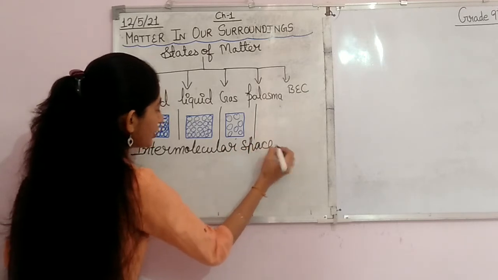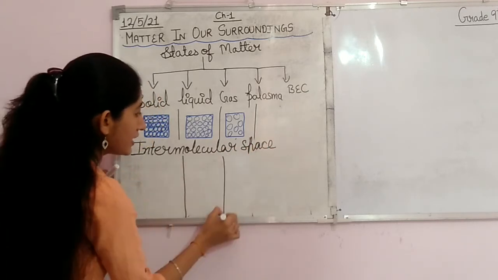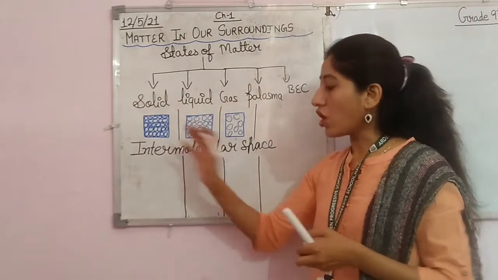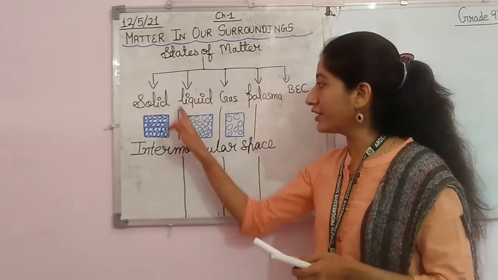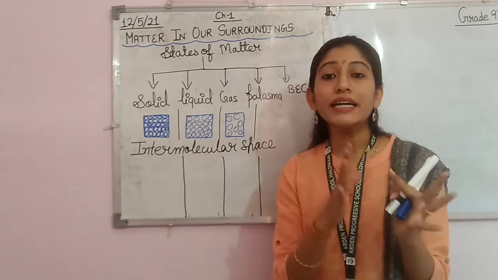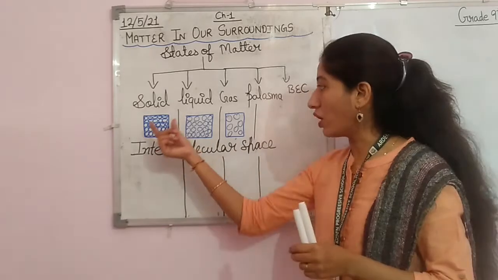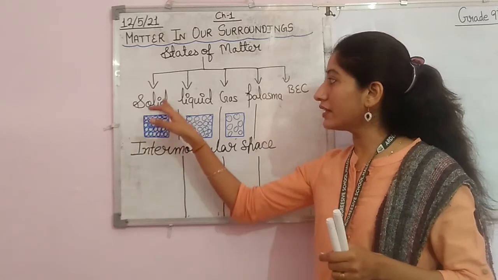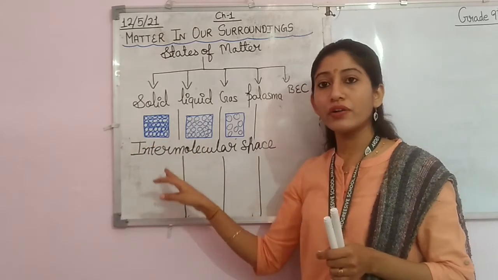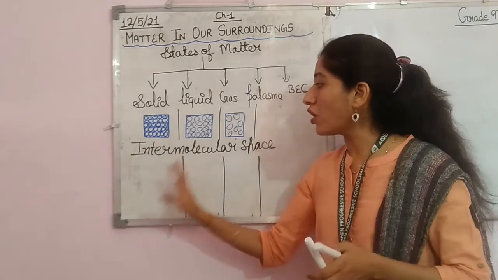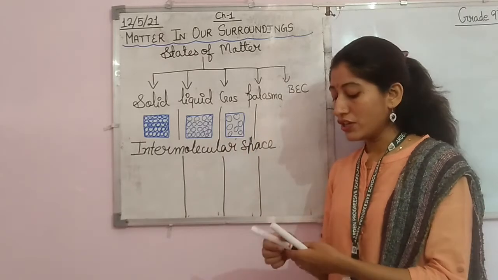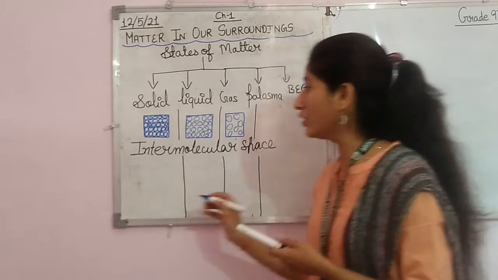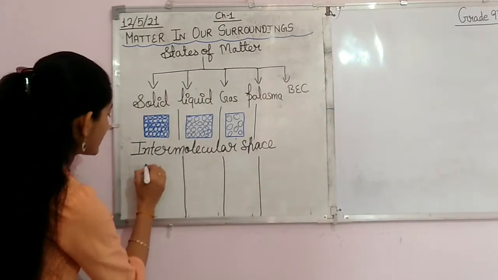When we talk about intermolecular space, let's see it in terms of solids, liquids and gas. In solids, what do you think, do they have intermolecular space? What is intermolecular? Molecular means molecules, inter means between the molecules. So do solids have any type of intermolecular space? No. Solids do not have intermolecular space. So we can say no intermolecular space.